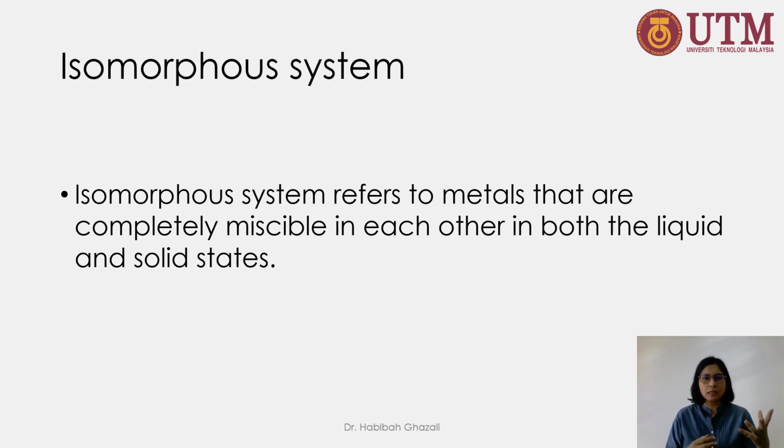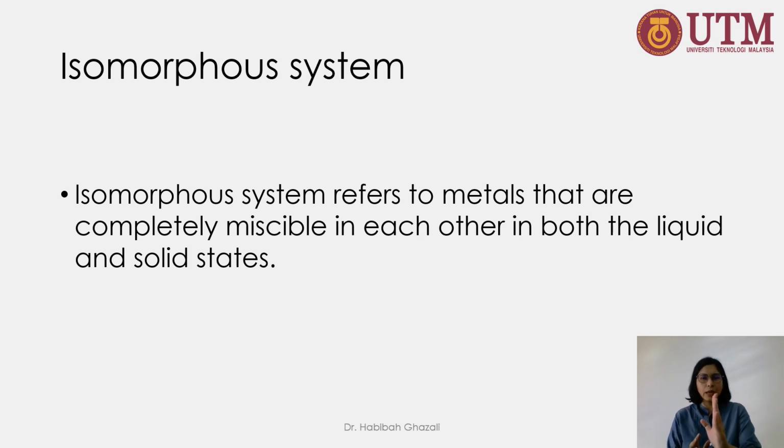So isomorphous system in alloy is referring to this behavior. So when you have two elements that can be mixed together, it doesn't matter at what composition. So if I have 10% of metal A, 90% of metal B, if they are in this isomorphous system, they can form a single solid solution at the end of the solidification.